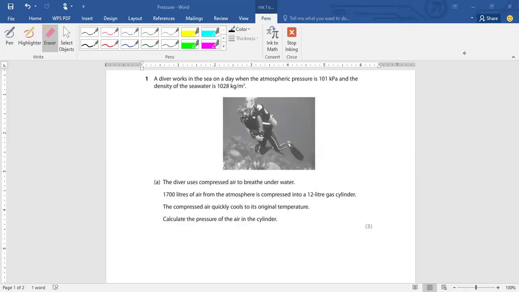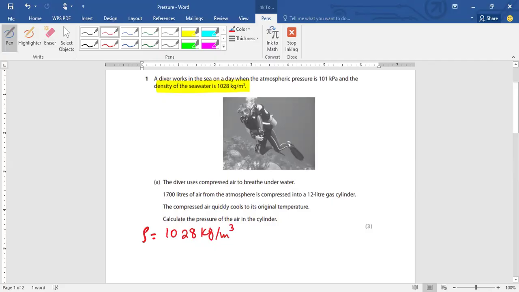Yes, Hamza. If you can see here, there's a density that is given, which is how much? 1028 kilogram per meter cube, right?